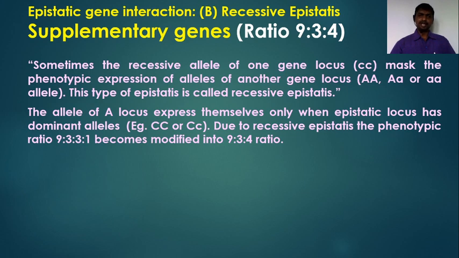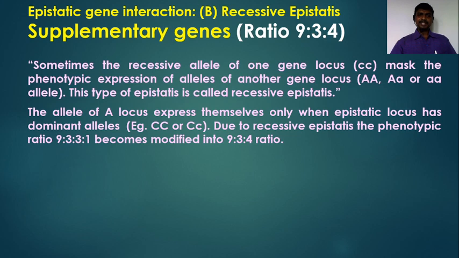In a nutshell, what happens? The recessive allele of one gene, that is small c, masks the phenotypic expression of another gene, that is capital A or small a. The alleles of A locus express themselves only when the epistatic locus has a dominant allele. So it is different from the dominant epistasis.